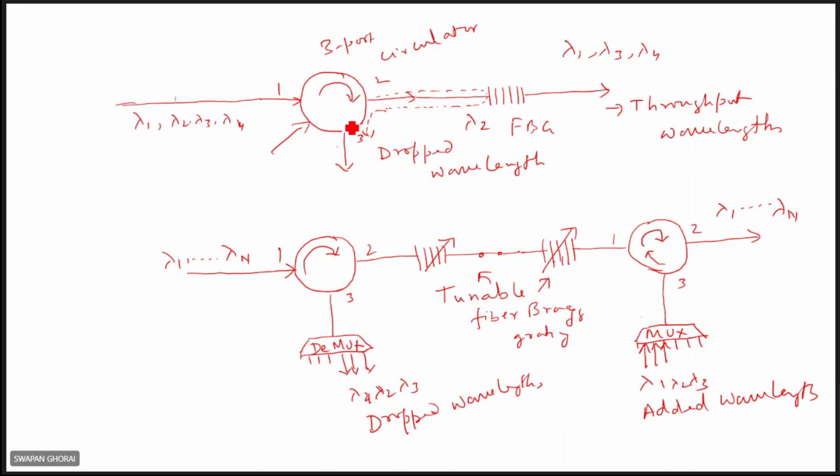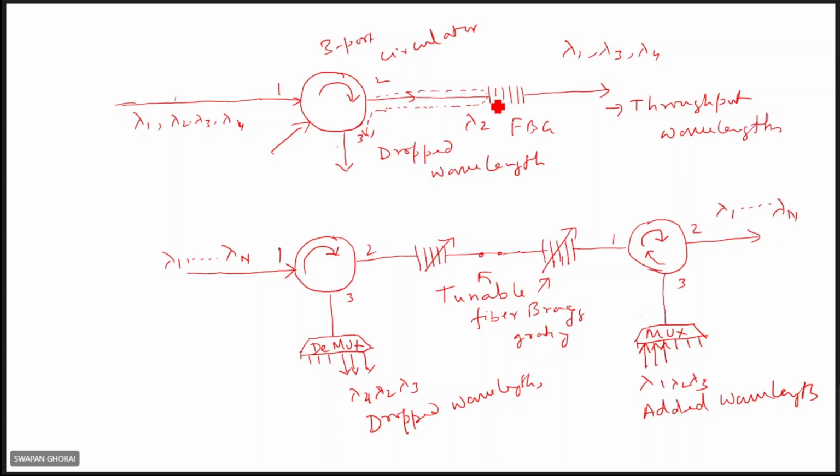Similarly, when light is entering through port 2, it will go to port 3. Here you see the fiber Bragg grating is placed at the output side.